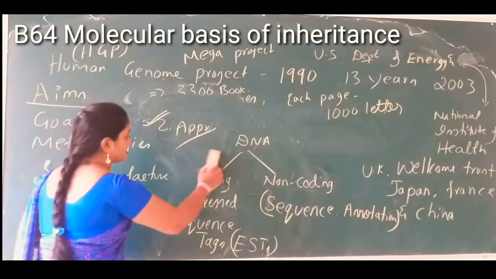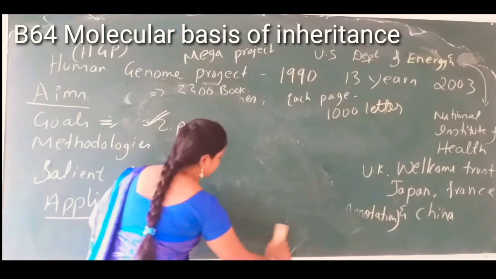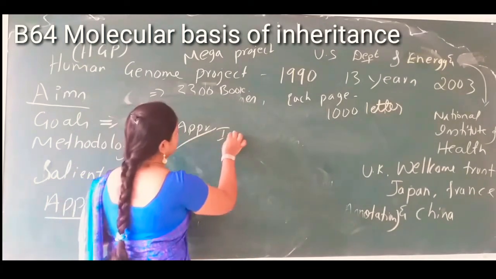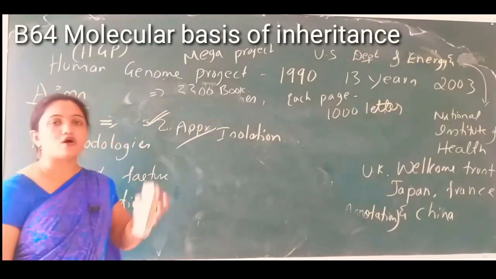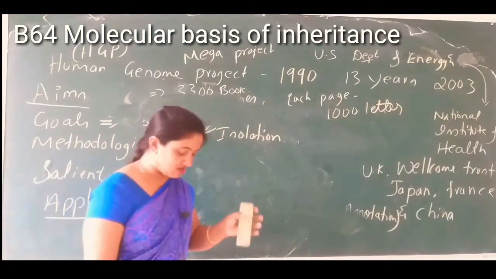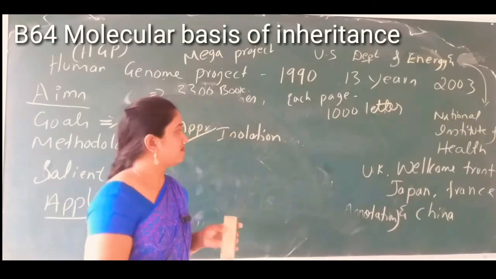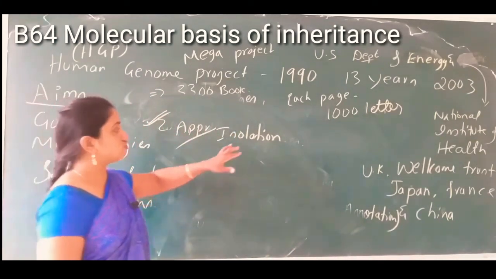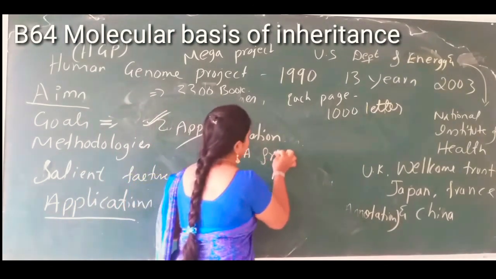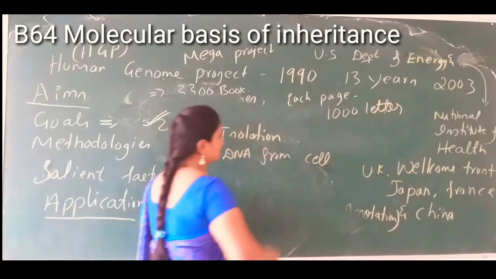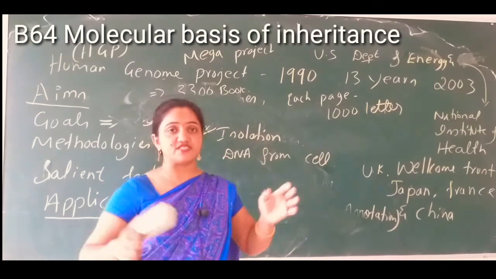So, what did they do? They isolated the DNA from the cell. Methodologies in the sense of how they performed this procedure. First, they isolated the DNA from the cell, because they wanted to identify all the sequences, right?